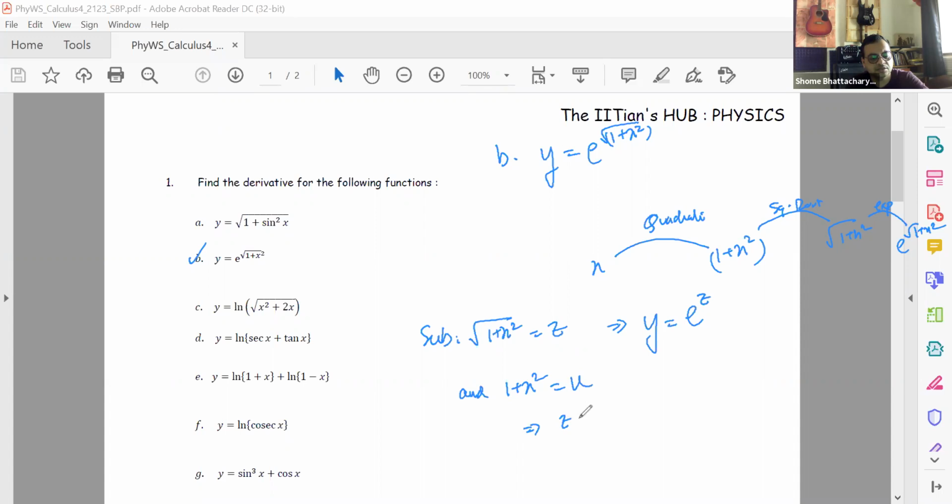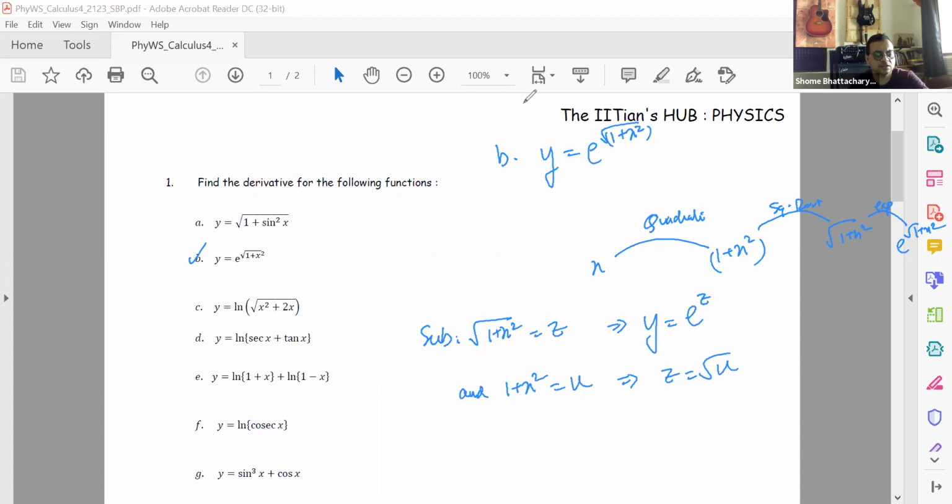So z becomes square root of u. You can see u is related to x, z is related to u, and y is related to z.